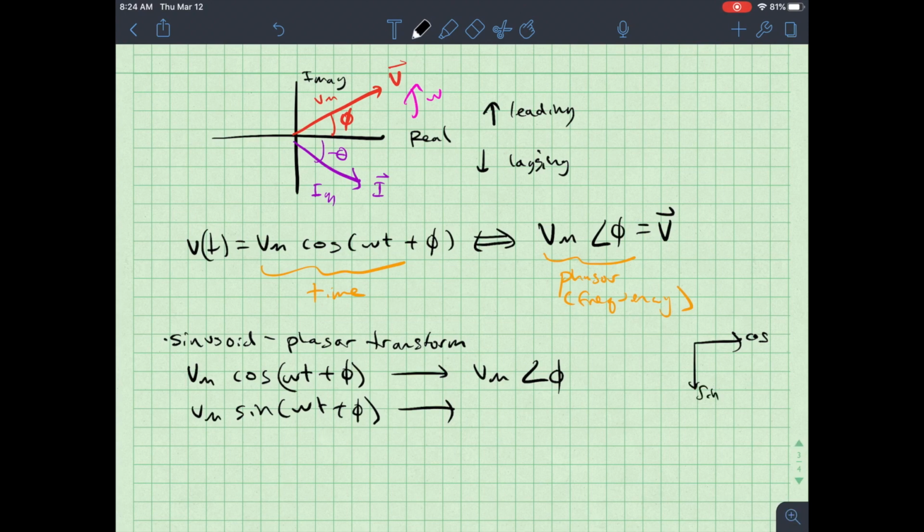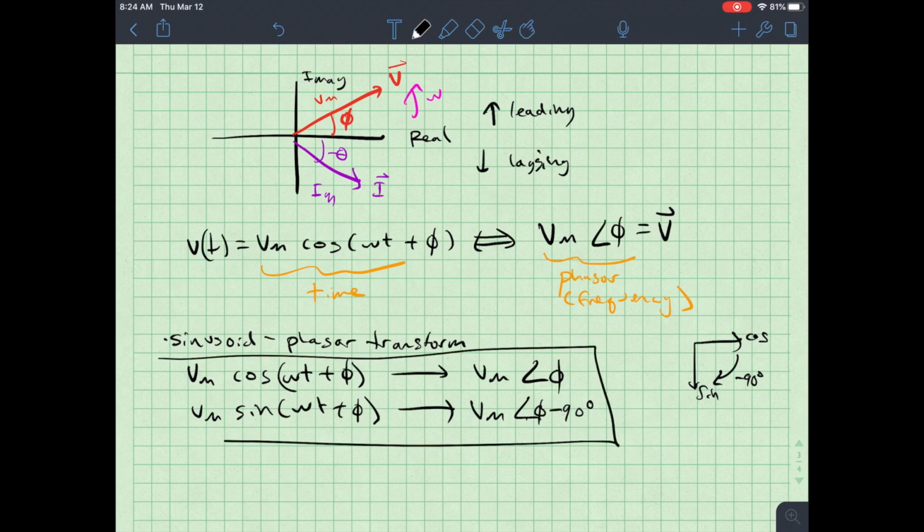So it's going to be Vm angle phi minus 90 degrees. So there's my transform. If I start with a cosine, I take Vm angle and whatever phase angle I have. If I start with a sine, I need Vm angle, that phase angle, minus 90.